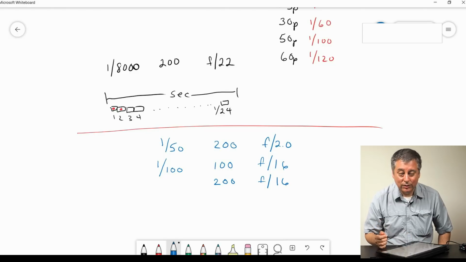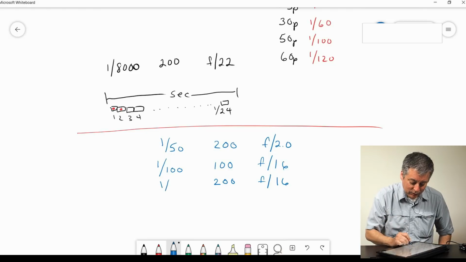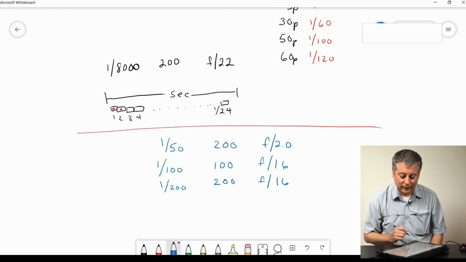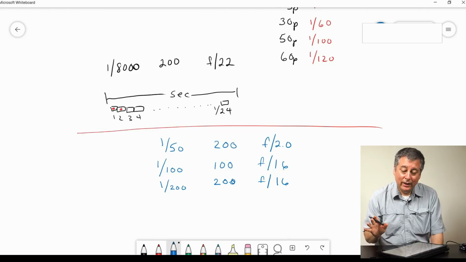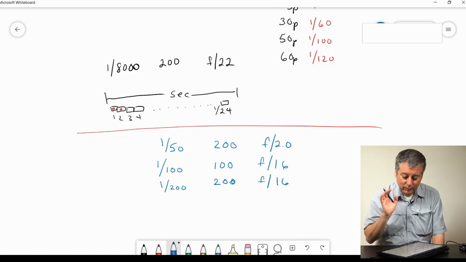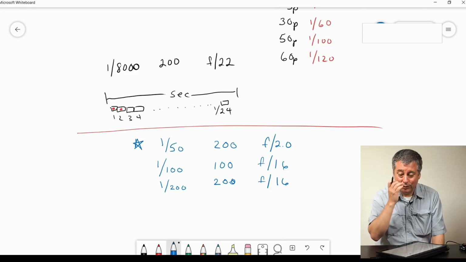What would I have to do to the shutter speed to match the previous exposure? I would just have to cut it in half, or go to 1/200th of a second. So on a bright sunny day, the proper exposure for video would be 1/200th of a second, ISO 200, f/16. And you can see we're very, very far away from our target exposure of 1/50th, ISO 200, f/2.